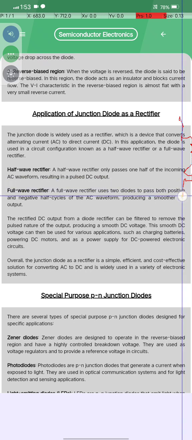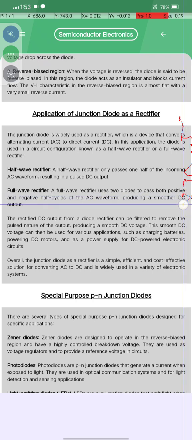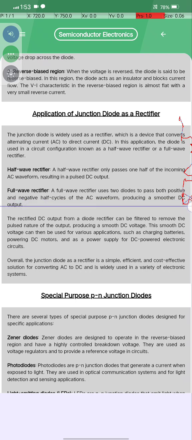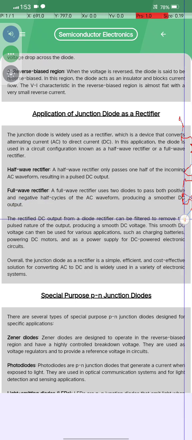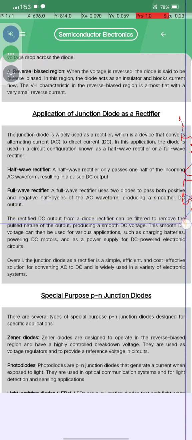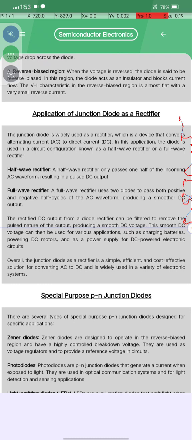A full wave rectifier passes both the positive and the negative cycle of the AC waveform, producing a smoother DC output. The rectified DC output from the diode rectifier can be filtered to remove the pulsed nature of the output, producing a smooth DC voltage.